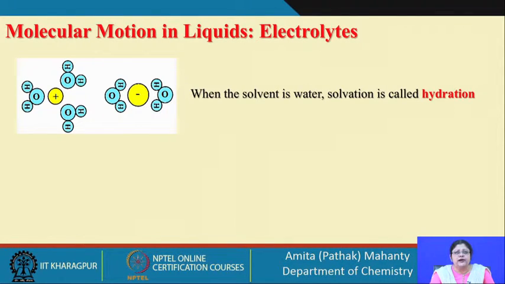Each cation is surrounded by a sheath of solvent molecules, and these solvated ions, the cation and anion along with their solvent molecules, move in the medium when subject to a potential gradient. Okay.